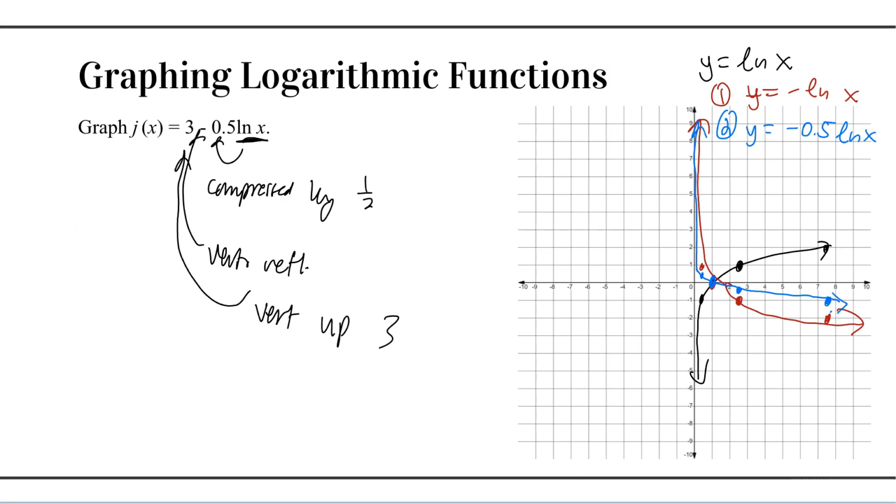And then finally, the third thing that needs to happen is that we need to take that and shift it up by 3 because of the adding of 3 happening there. So that blue graph is really just going to move up 3 points for all of these different points and will look something like this, once everything gets shifted up by 3 units. So that green graph then would give you the final result for the graph of that logarithmic function.